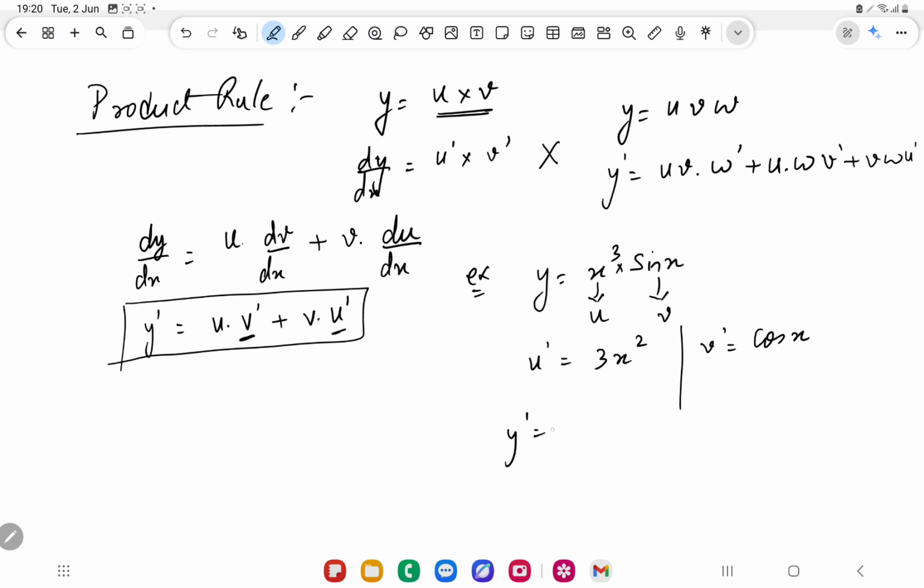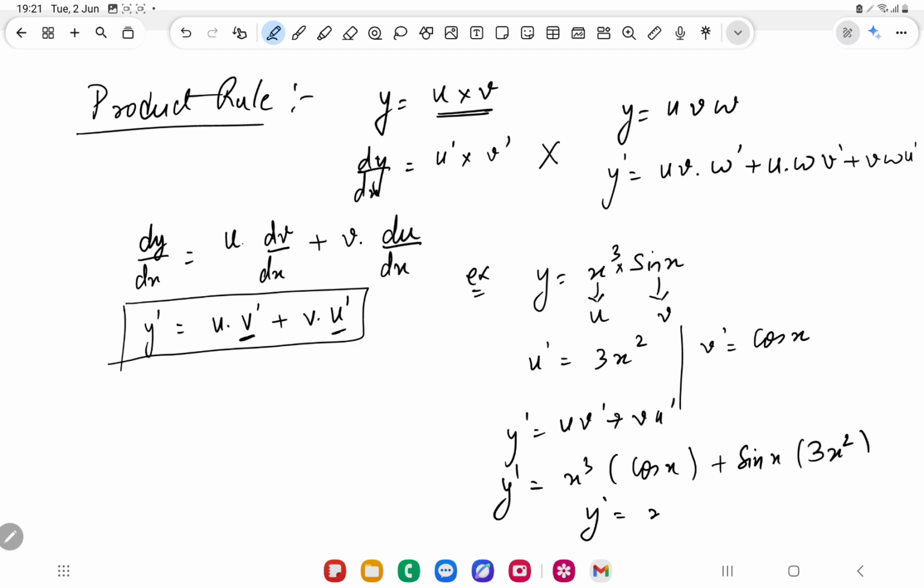Now my y dash will be uv dash plus vu dash. So y dash will be, my u is x cube, v dash is cos x, plus v is sin x, u dash is 3x square. If I want to simplify this, I will write x cube cos x plus 3x square sin x.